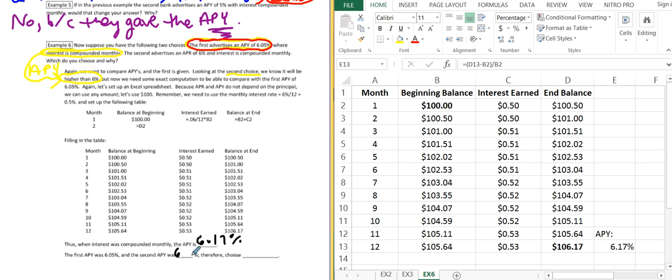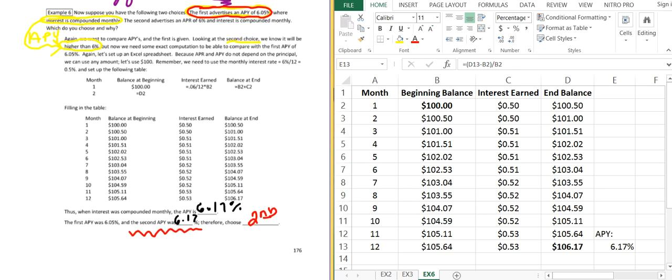Oops, that was supposed to be a 7 in there. So therefore, we want to always pick the one that has the higher APY. The percent we actually yield is more. So therefore, we choose this second option.